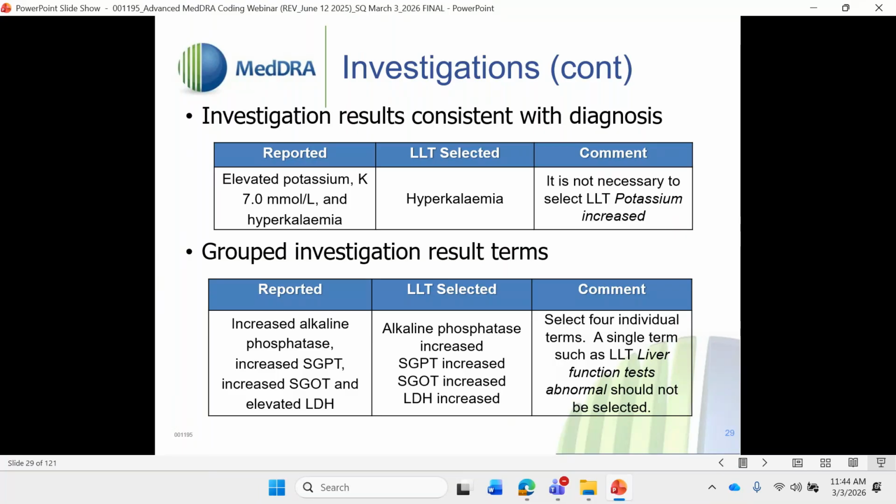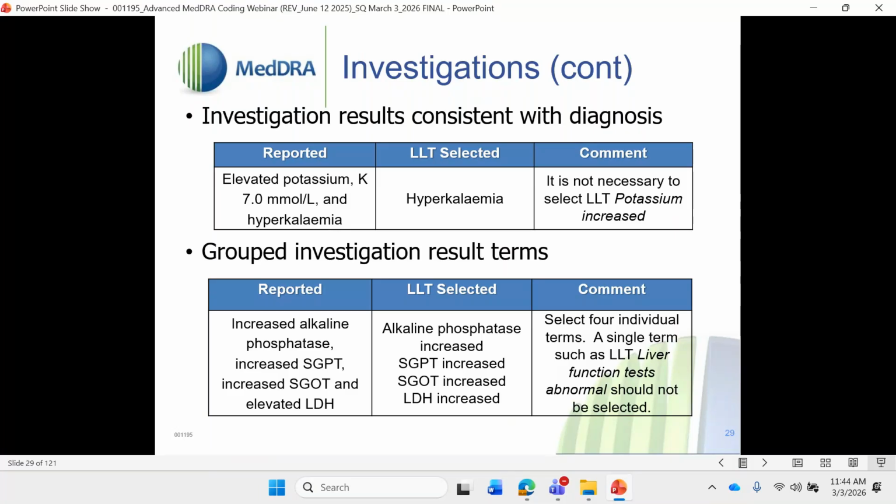Now, what about a group? You have a whole string of investigation results. For example, you have increased alkaline phosphatase, increased SGPT, a report of increased SGOT, and an elevated LDH. You have a whole list of various lab results. Well, what should you do?